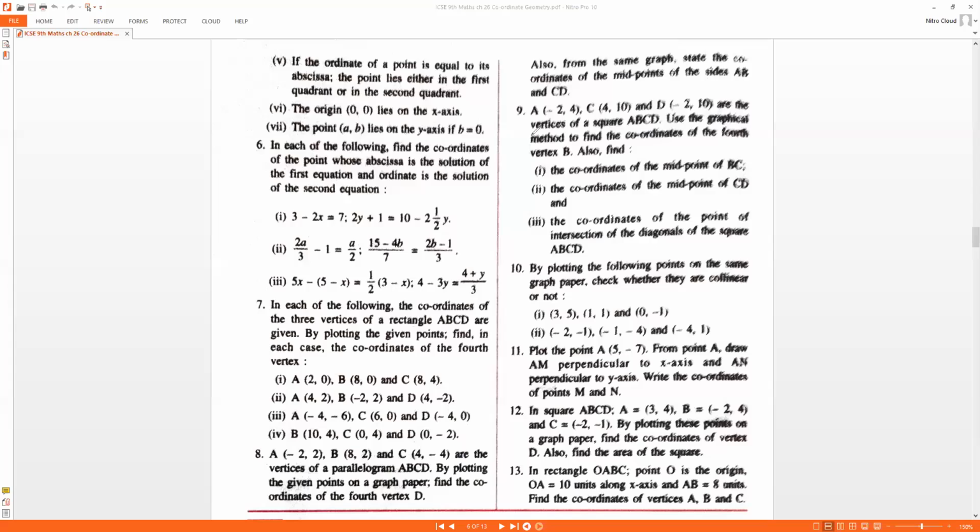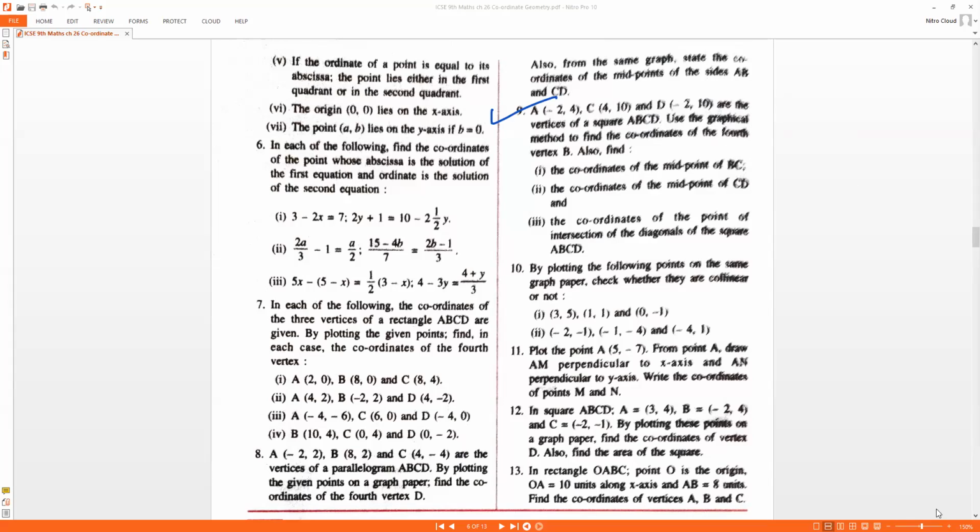Let's go to the next question. A is -2, 4, C is 4, 10, D is -2, 10, the vertices of a square ABCD. Use the graphical method to find the coordinates of the fourth vertex B. Also find so and so. Let us quickly do it on the whiteboard. Take another graph paper.